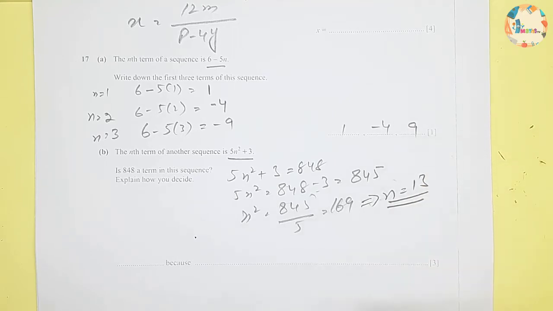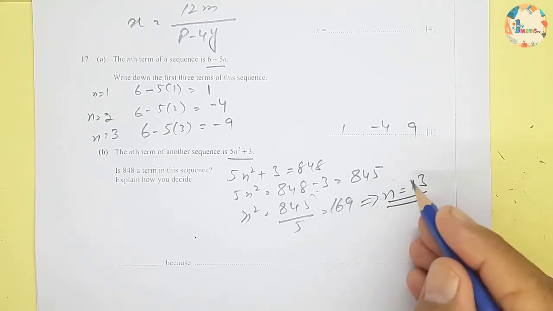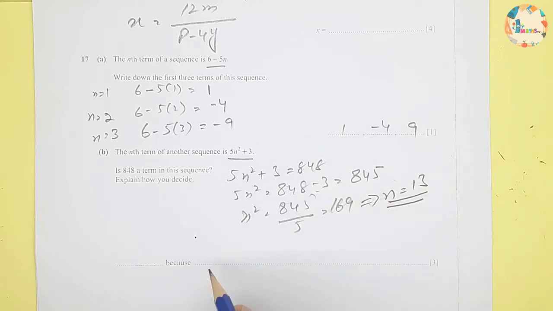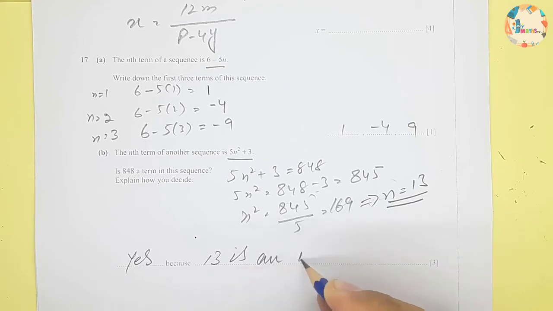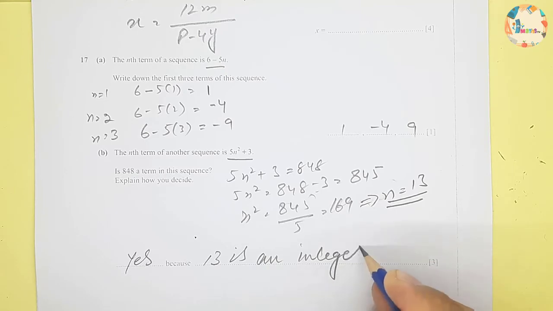If we are getting a whole number, it means this value is there in the sequence. So the answer to this one we can write yes, because 13 is an integer. So this will be our answer to this one.